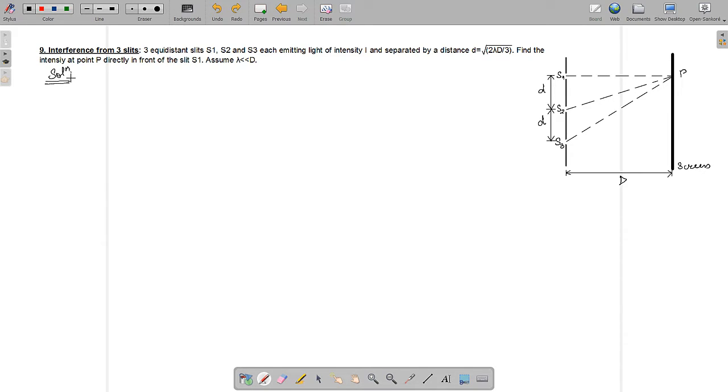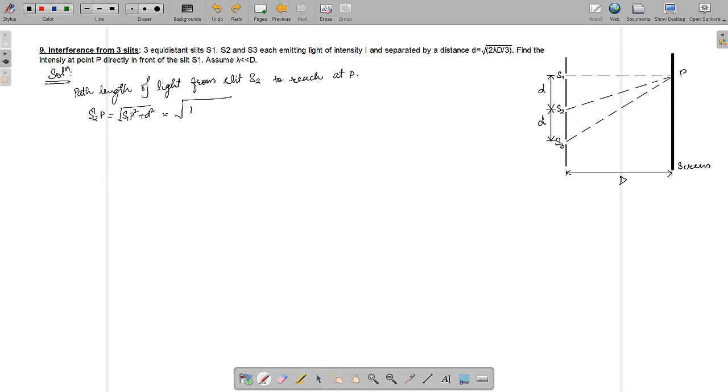First we'll find the path length of light going from slit S2 to reach P. S2P is the square root of S1P squared plus small d squared.